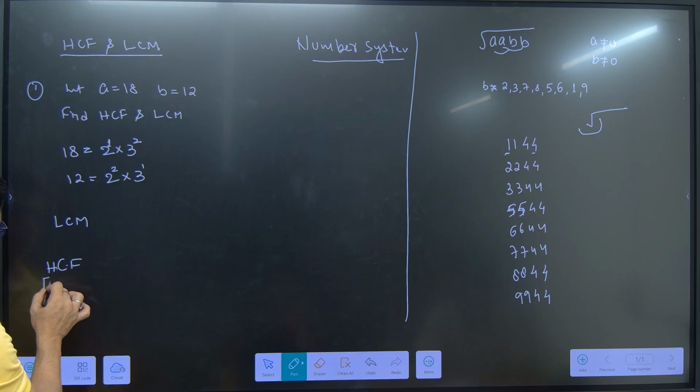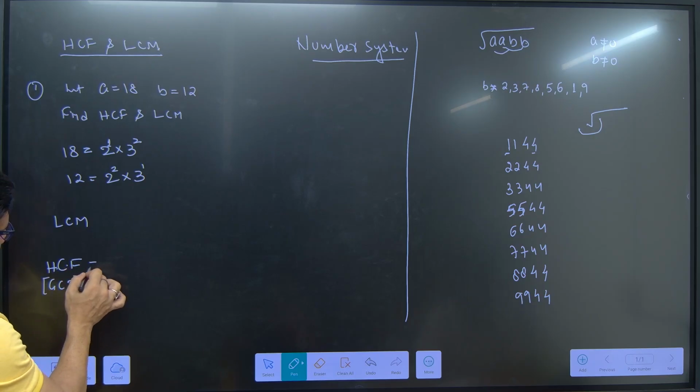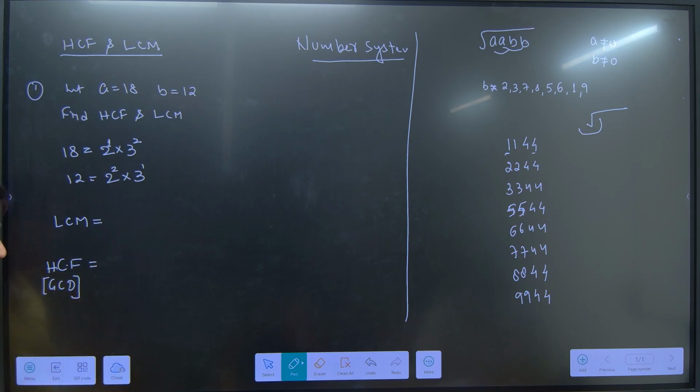HCF is also called GCD, greatest common divisor. अब LCM का मतलब होता है मल्टीपल, समथिंग टू डू विथ मल्टीपल. मैं तुमको कुछ और चीज भी बताऊंगा इसके बाद, थोड़ा काम आती है कहाँ, सर्कुलर स्पीड में. ओके, LCM.